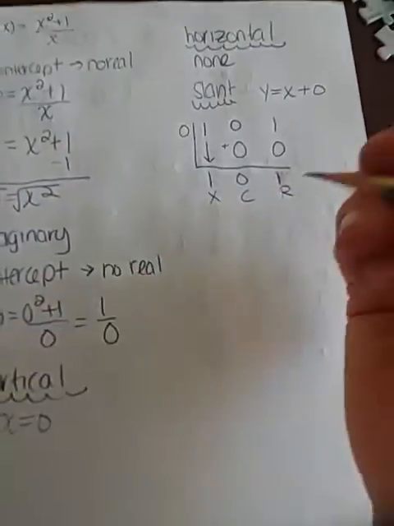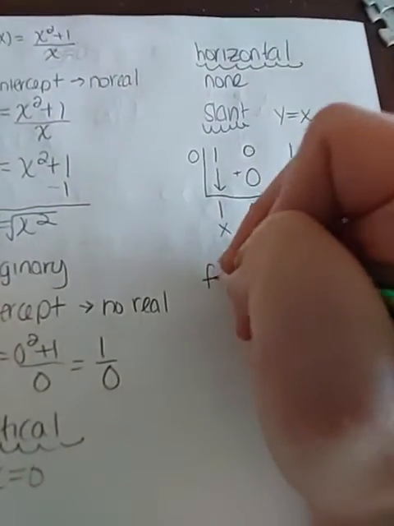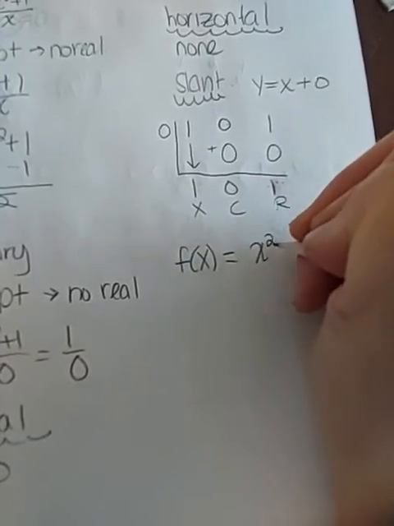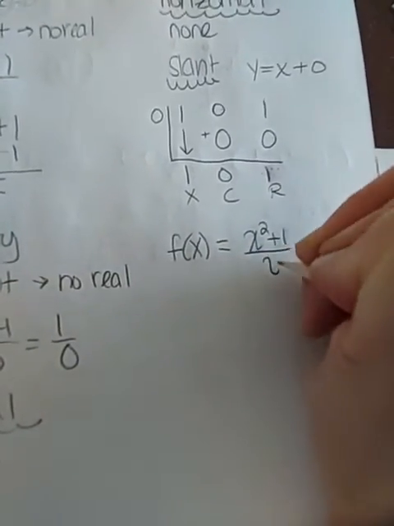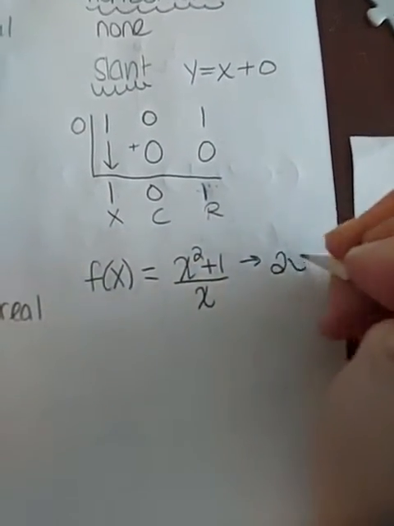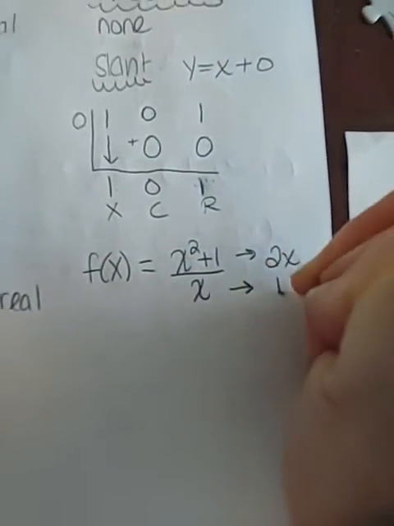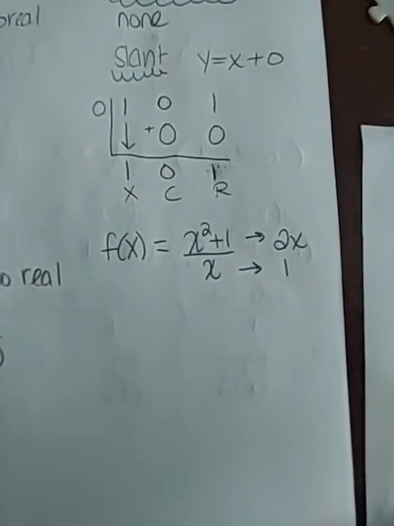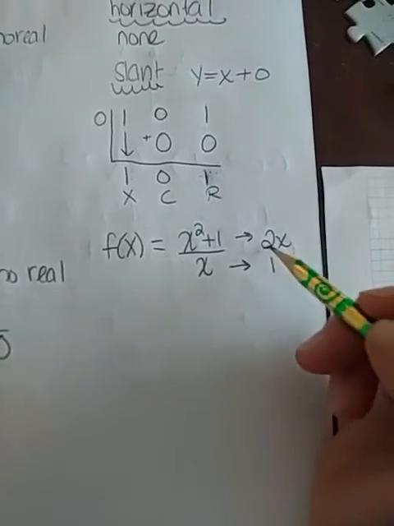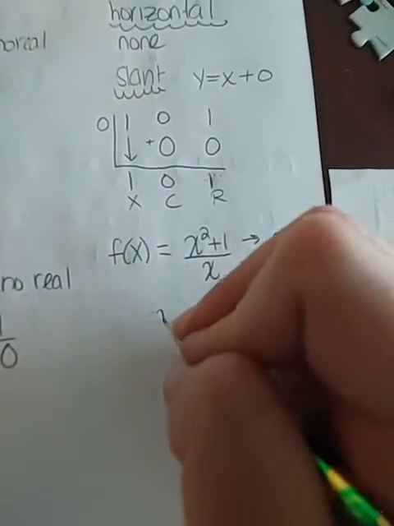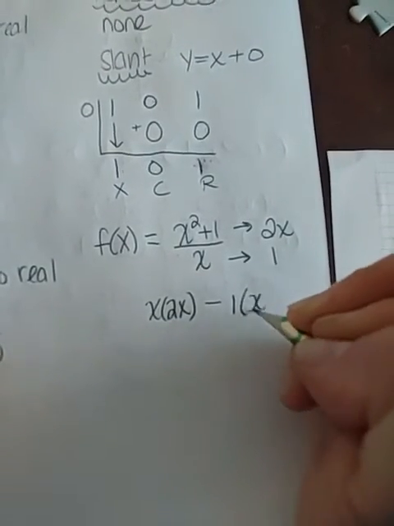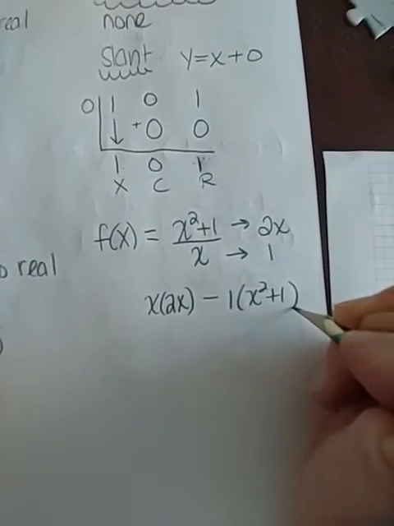All right, now I'm going to find the derivative. So I'm going to rewrite the function. Okay, the derivative of the top is 2x. The derivative of the bottom is 1. So now we do bottom times the derivative of the top, so x times 2x, minus 1 times x squared plus 1.